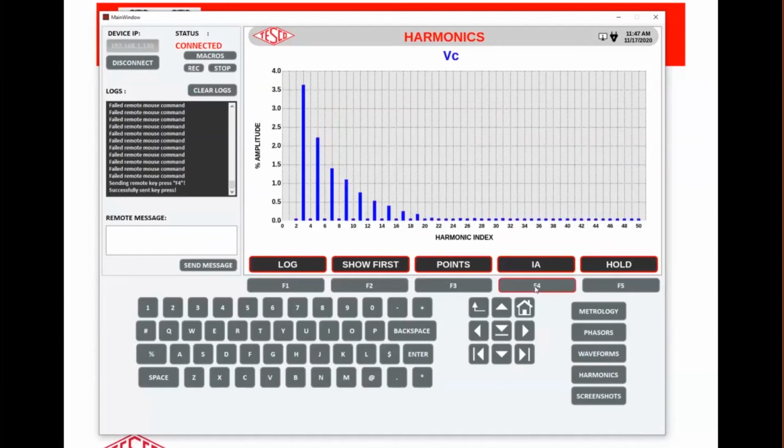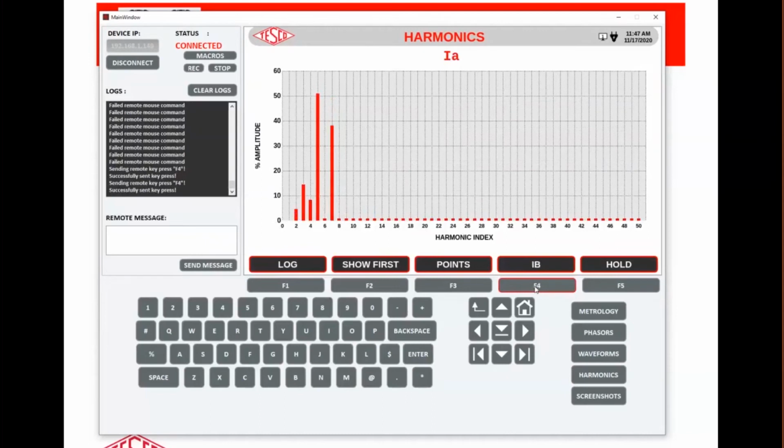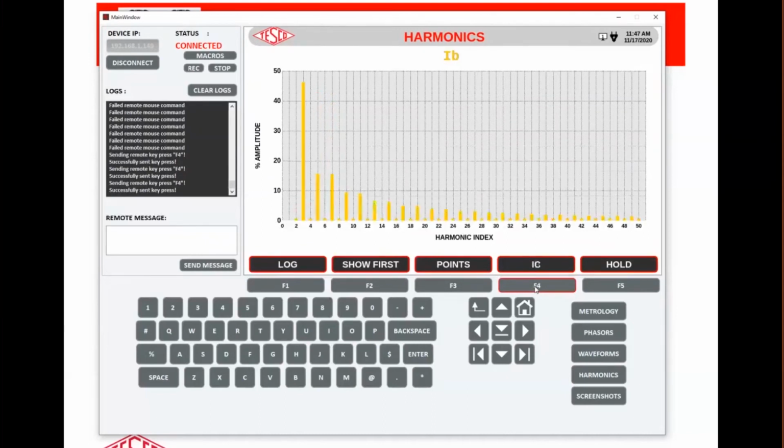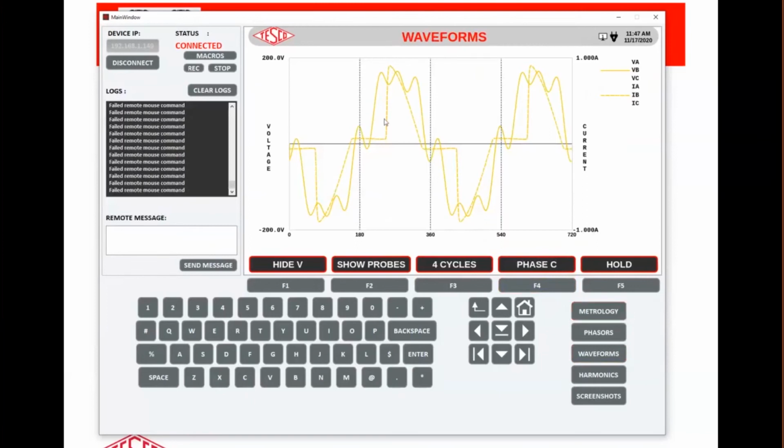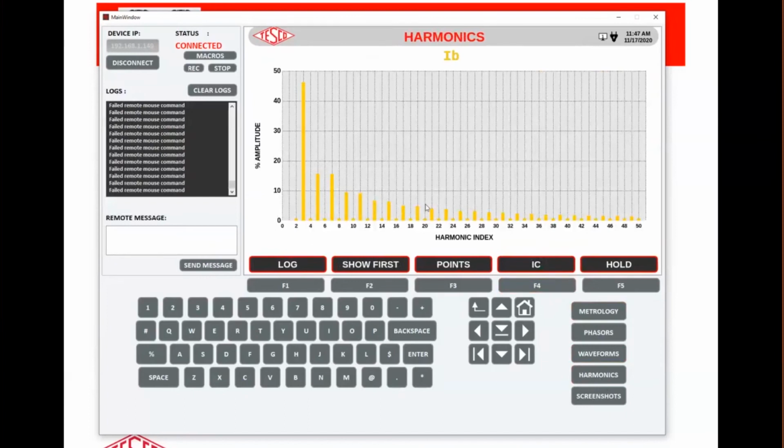Okay. I'll go down to the current harmonic. Now remember, this is the one for this waveform, which is again the 90 degrees phase fired waveform. And one of the things that's true about it is its harmonics go out to very high order.